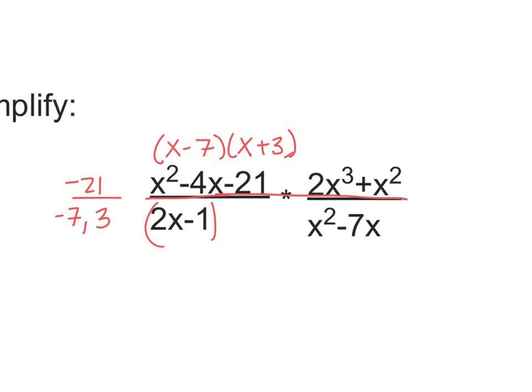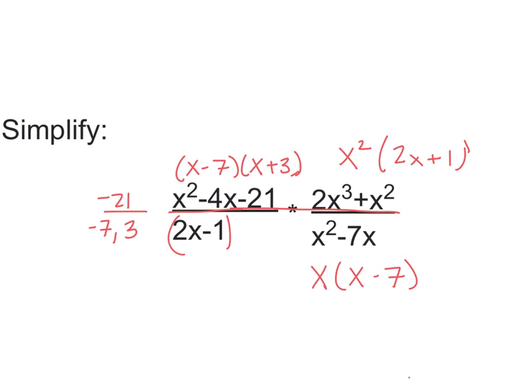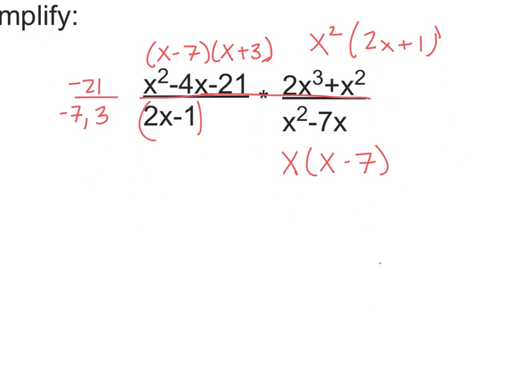On the top over on the right side, we take out an x squared, and we get 2x plus 1. On the bottom, we take out an x, and we get x minus 7. So let's simplify.